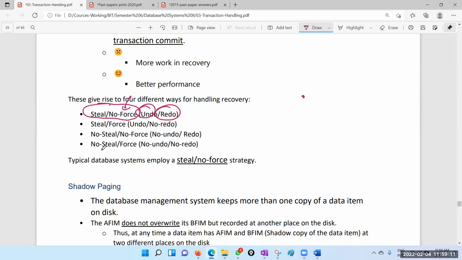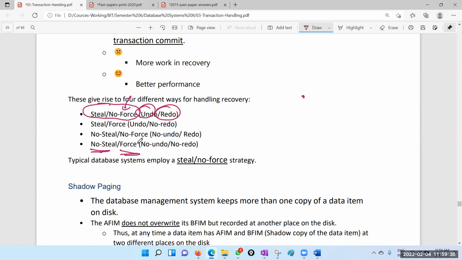But if it is no steal and force, that is the simplest thing to do when it comes to transaction recovery, because all the committed data is in the file, all the non-committed data is not there. So therefore, we don't have to do anything at all as a recovery.